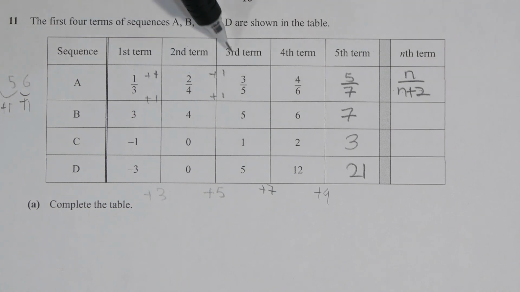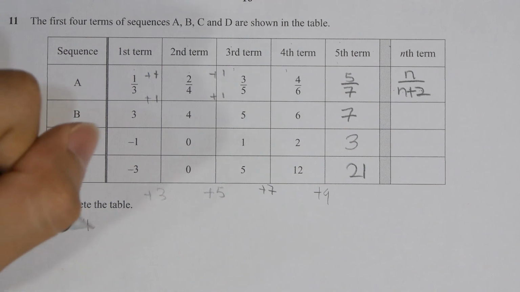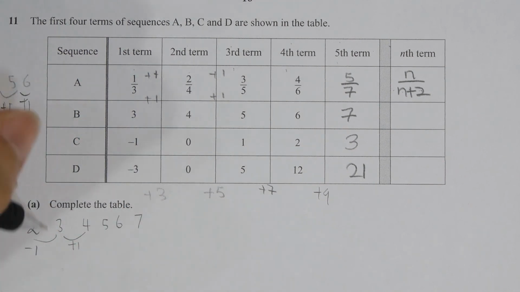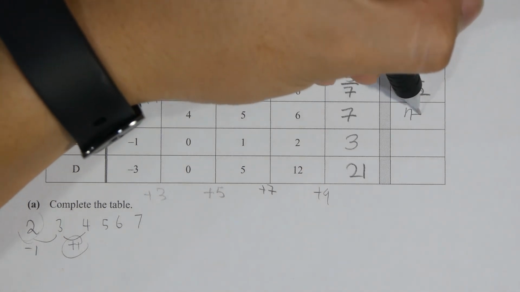Whereby for part B, okay, the term by term difference here is actually adding 1 as well. Okay, so the fifth term will actually be 7, okay, and our 0 term here will be 2. So difference is 1, so 1n plus 2 equals n plus 2.